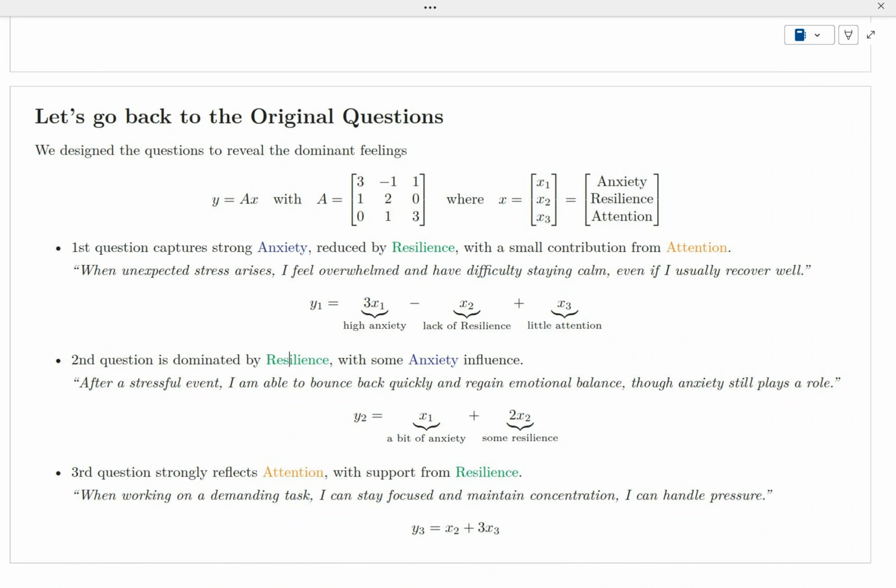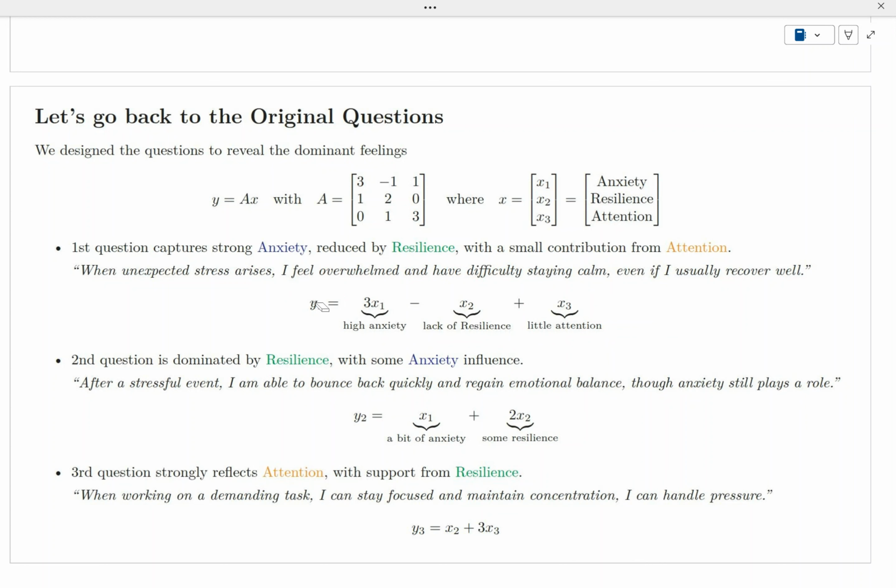It also shows a negative resilience, where you are having difficulty, and you are paying attention to it. So therefore, the first equation is saying that the combination of this leads to whatever score you gave.